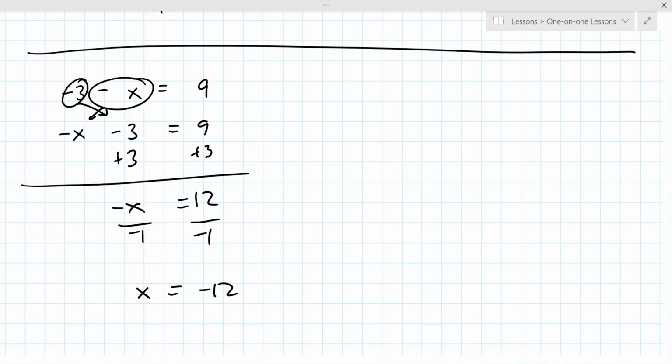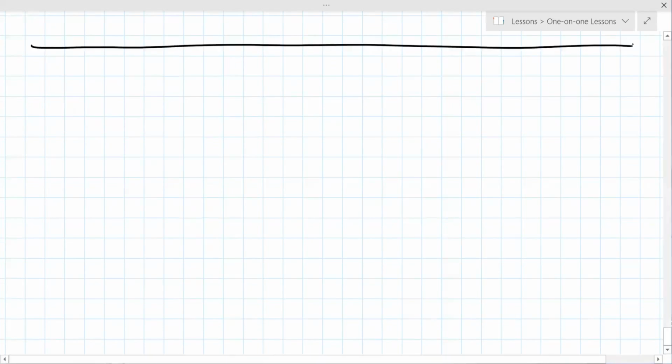Okay, let's try another one here. How about -4 minus x equals 2? Give that a try, please.